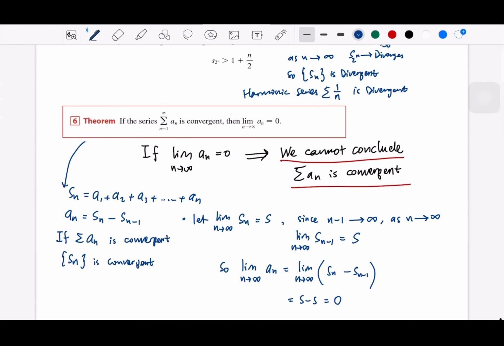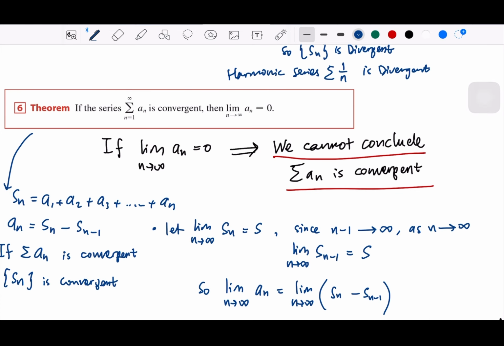I think I need to write in a new page. This is one example, the harmonic series. The limit is 0, but the sum is divergent.